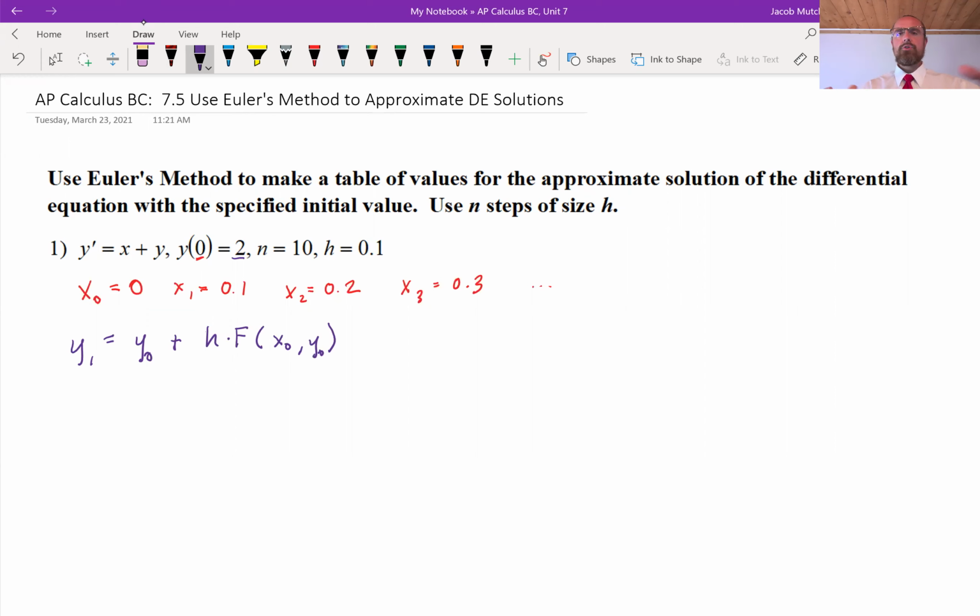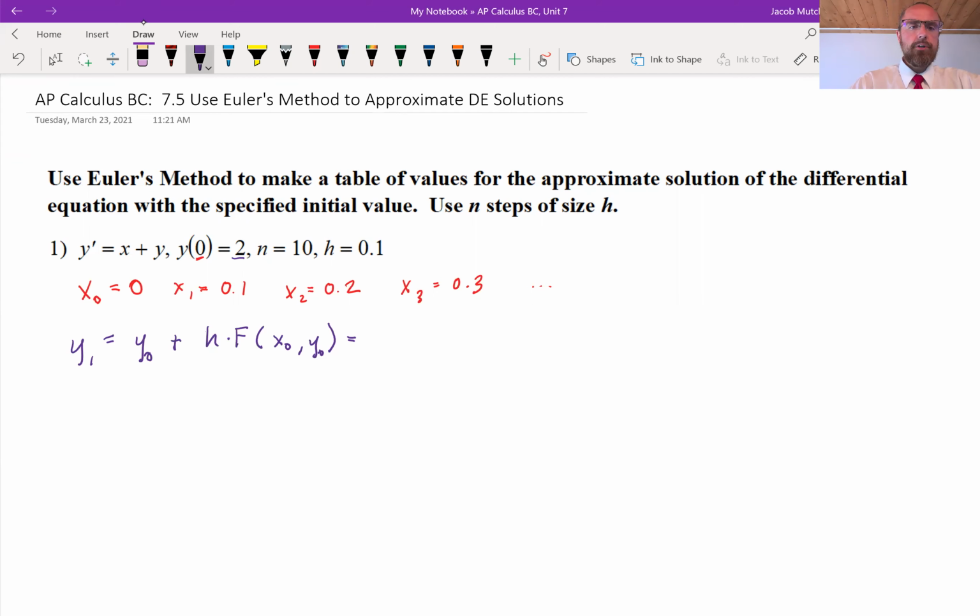So that in a nutshell is how I would define each term. The only thing that's going to change are the subscripts. But before we do so, let's actually fill in and calculate an approximation for y sub 1.